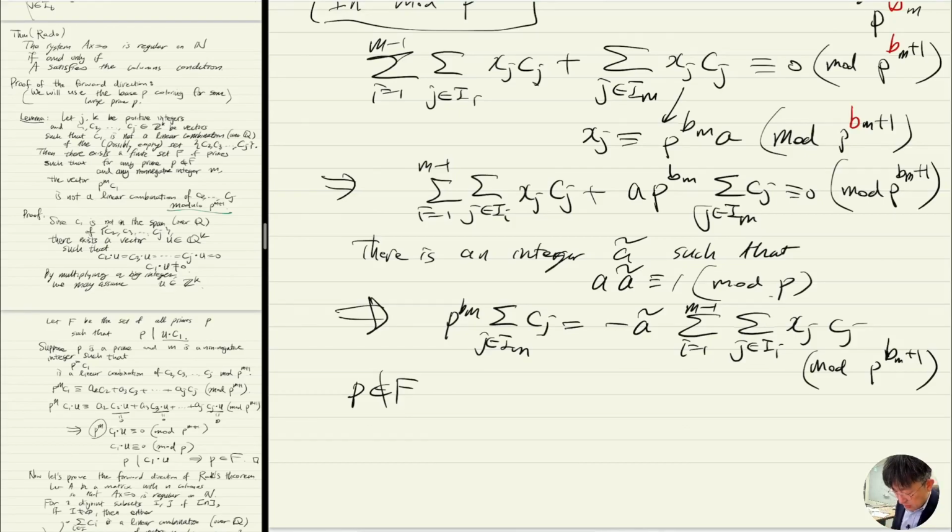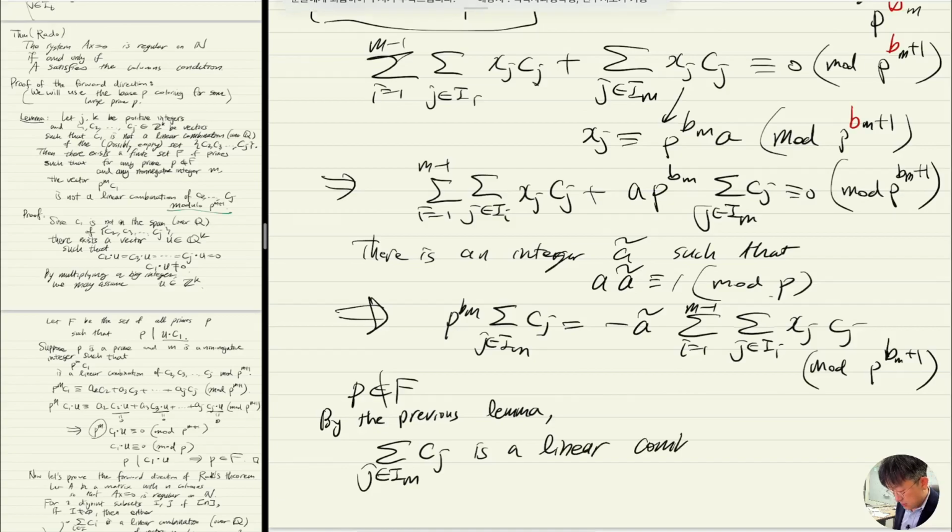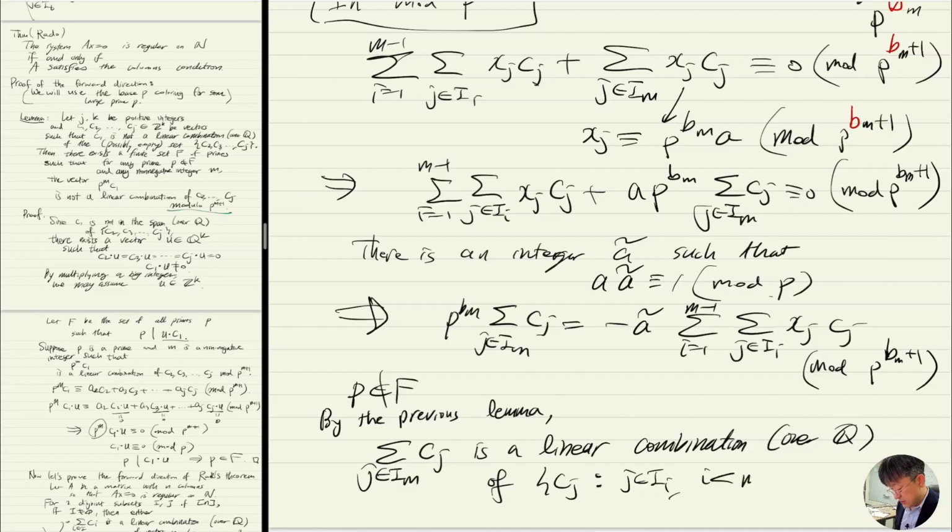So that means, by the previous lemma, this vector is a linear combination over Q of vectors Cj where j is in I and i is less than m.